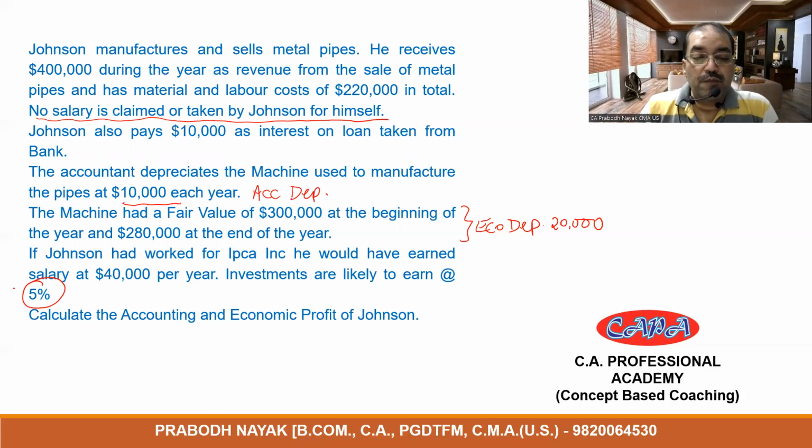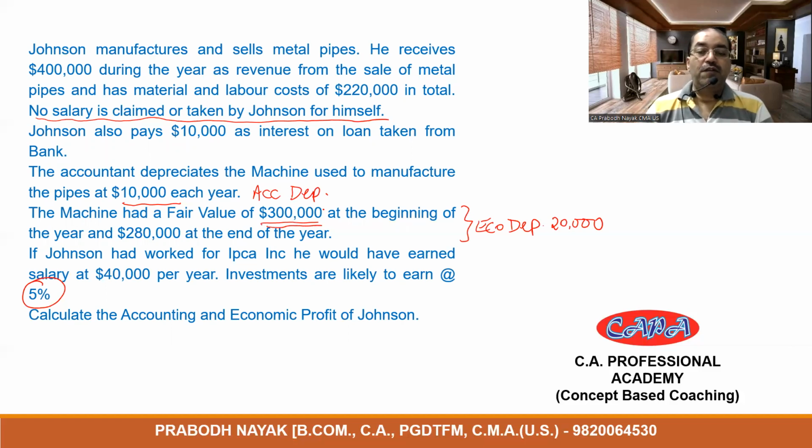Have they given me the cost of plant and machinery anywhere? No. They have not given me the cost of plant and machinery anywhere, but they have given me the fair market value as at the beginning of the year. So obviously, I will take that as my investment in machinery because I'm starting the manufacturing of the business. So at the beginning of the year, I have invested $300,000 in the machinery, by assumption.